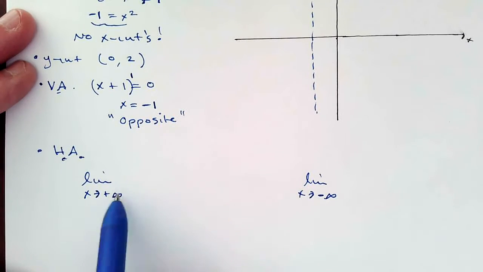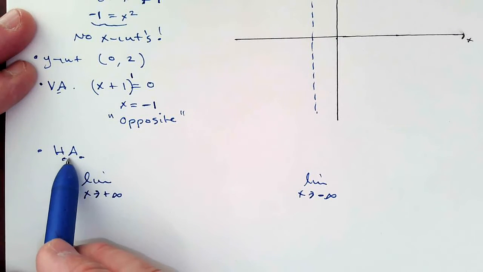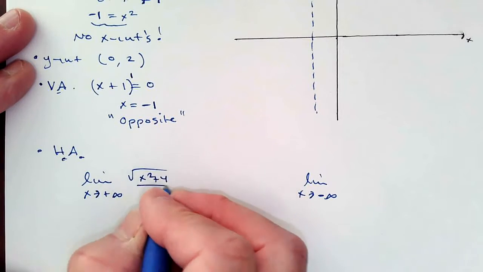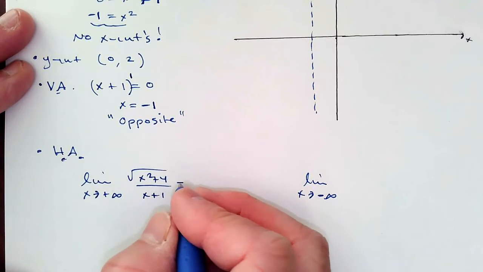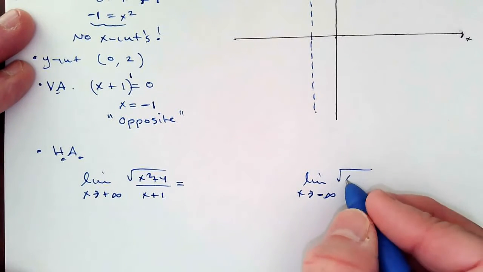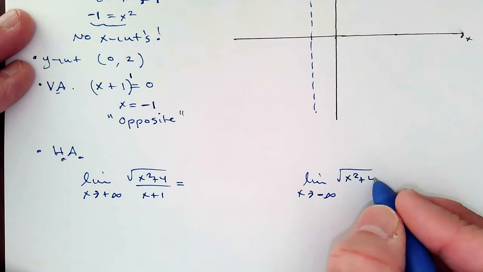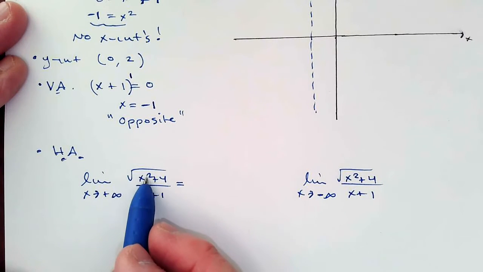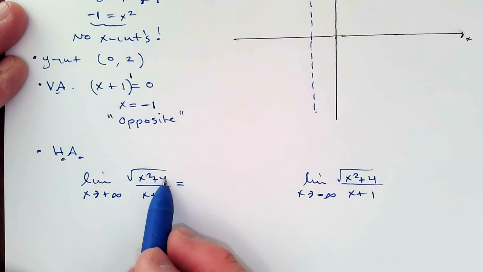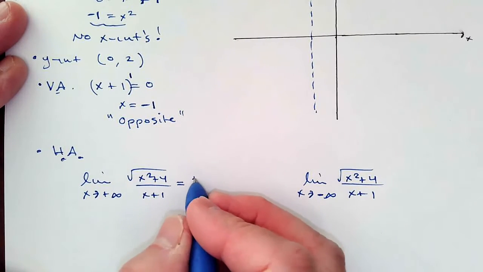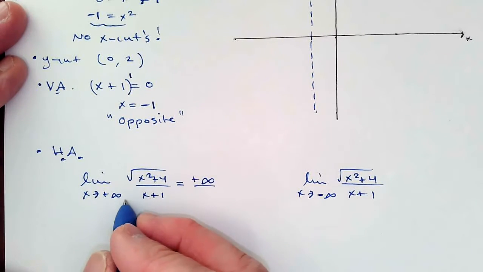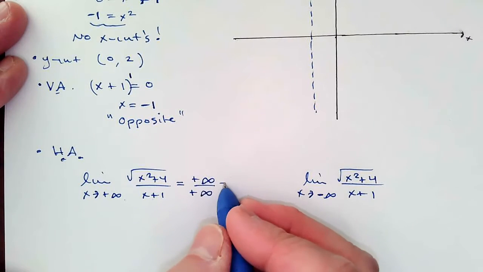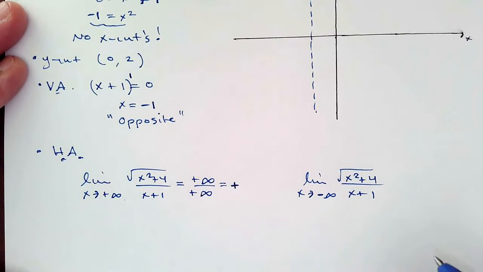It must mean that we're getting two different answers here, if there's supposed to be two of them. And in fact, I just want you to see how you can tell there has to be two different horizontal asymptotes, because if I plug in positive infinity here, square it, add 4, take the square root, my numerator is going to be positive infinity, and my denominator is going to be positive infinity. And a positive over a positive, I should definitely get some kind of a positive answer.